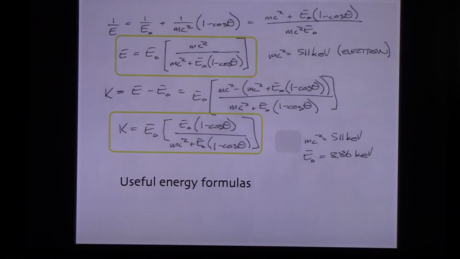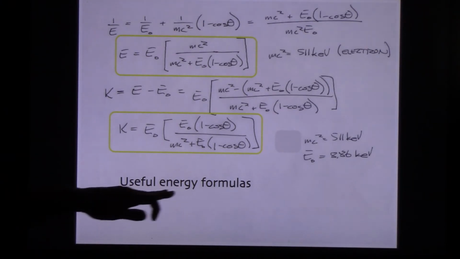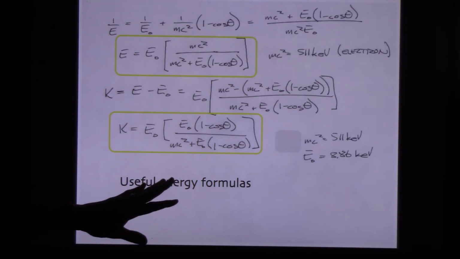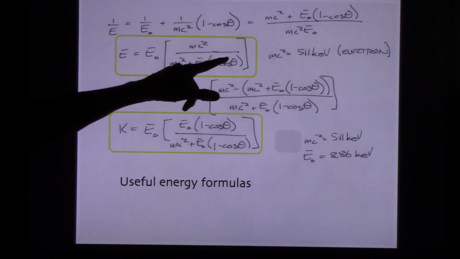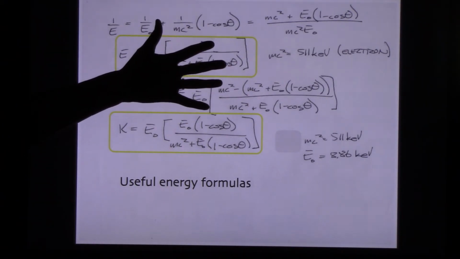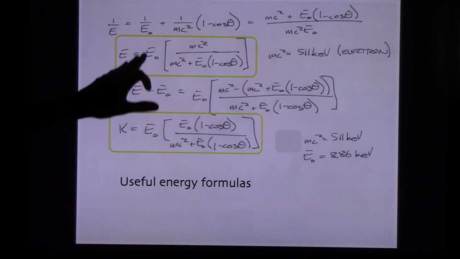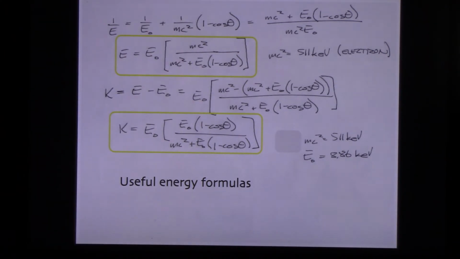Now, I wanted to throw in some other useful energy formulas for the Compton effect. We could start from the energy formula that we calculated and solve for E. So I did that. What I did is I got a common denominator, and then I flipped the whole equation over, and I ended up with this. So I put it in a yellow loop here to emphasize it.